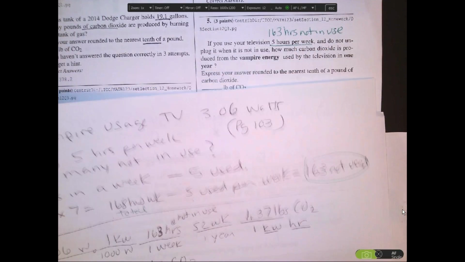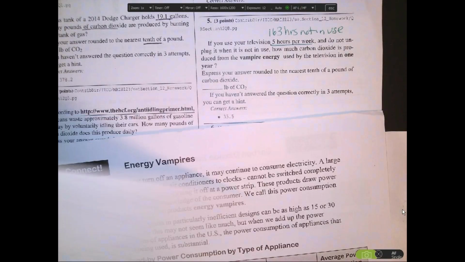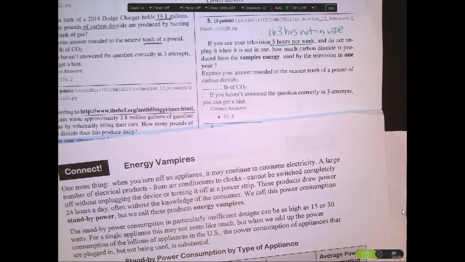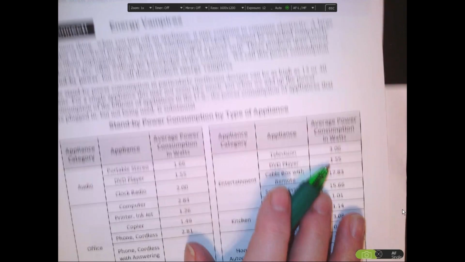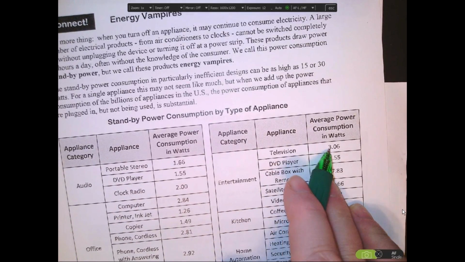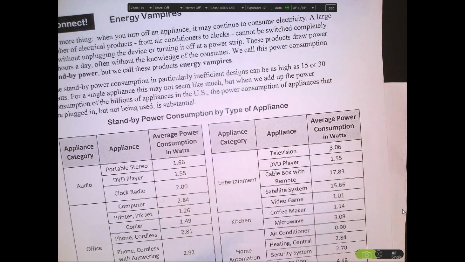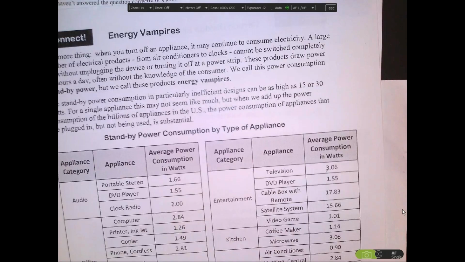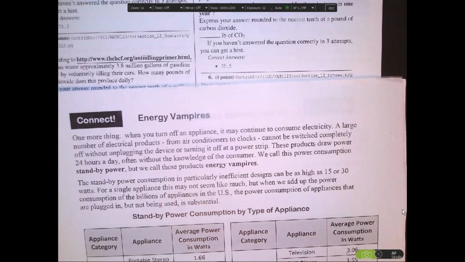Okay, so we need to start with how many watts per vampire standby energy for the TV is: 3.06. You'll find this on page 103 in your book. This is the chart you'll use for vampire energy.